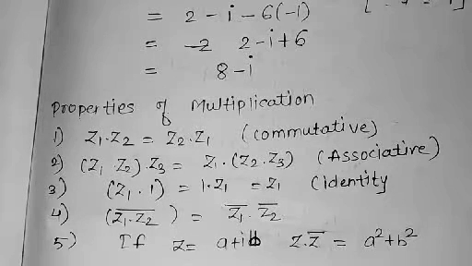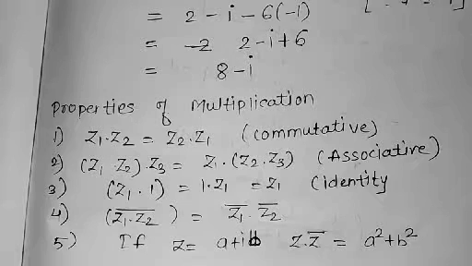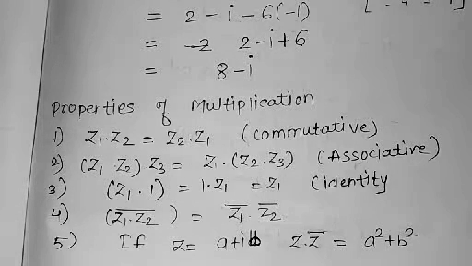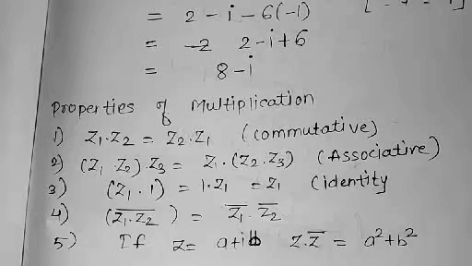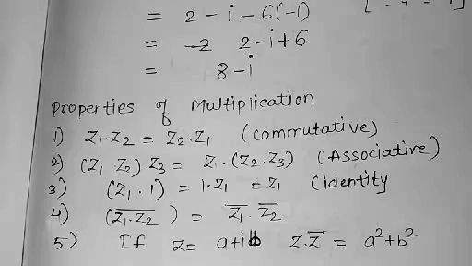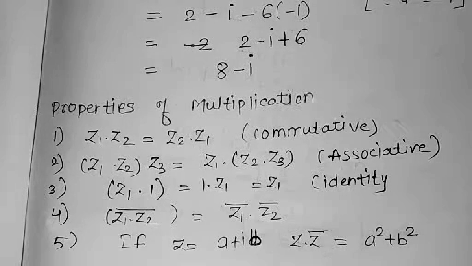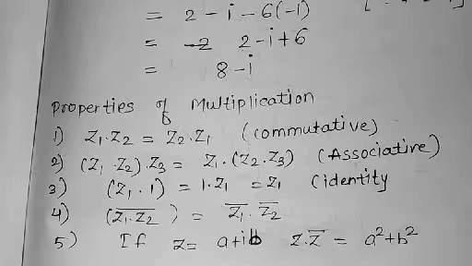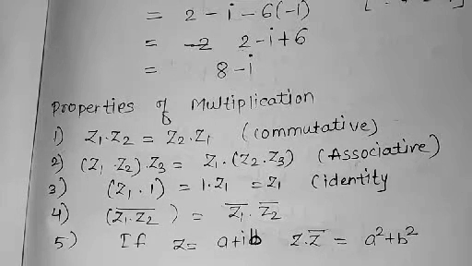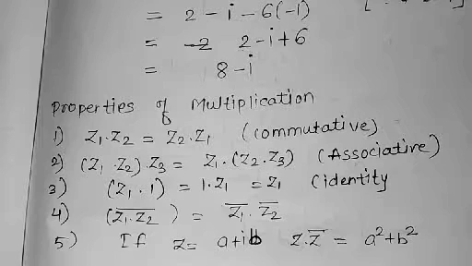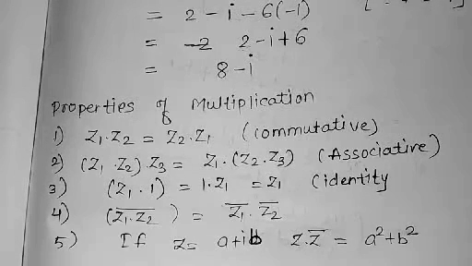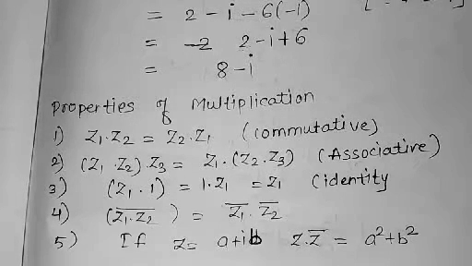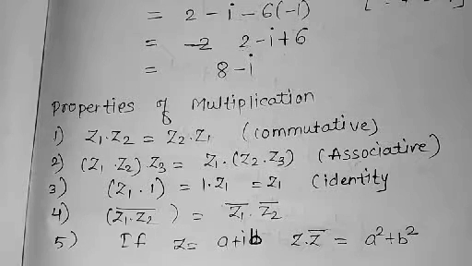This is nothing but the commutative property. Our second property is, consider three complex numbers, that is (z1 into z2), the multiplication of the first two complex numbers, into z3 is equal to z1 into (z2 into z3). So this is the associative property.